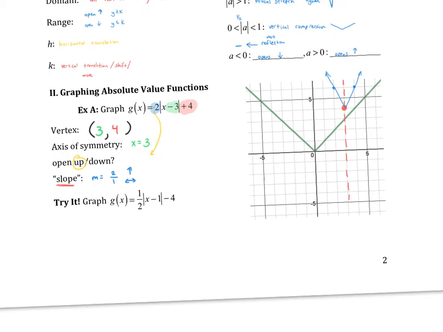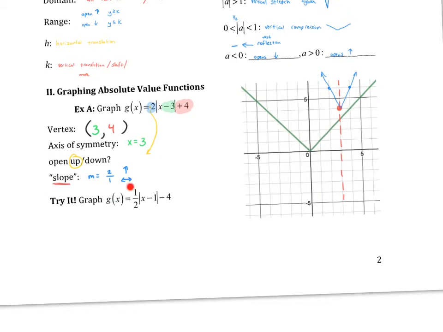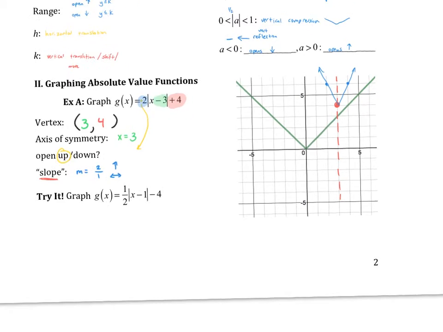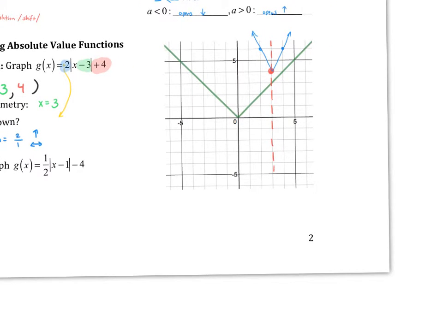All right, on the same graph, pause this video and go ahead and graph this. All right, now let me graph it real quick with you. Our vertex here is opposite of what I see, so it's a 1, and it's exactly what I see there, so it's a -4. 1, -4 lives right there.